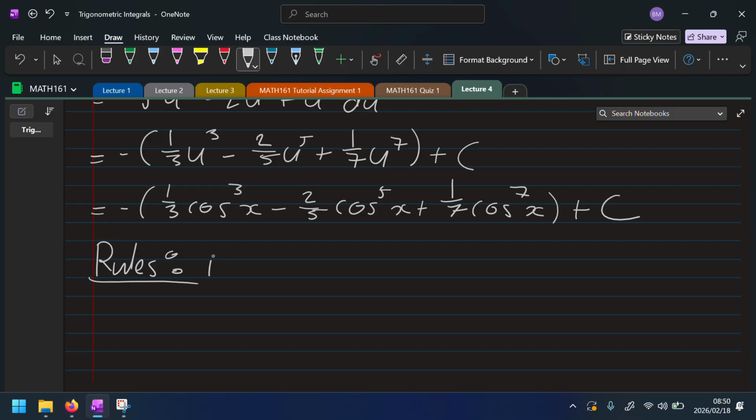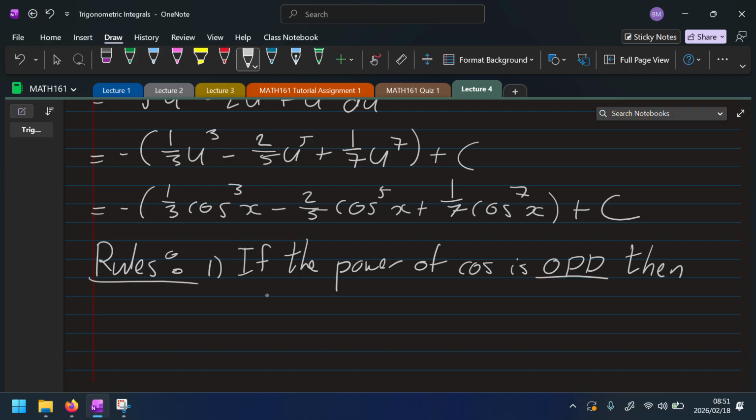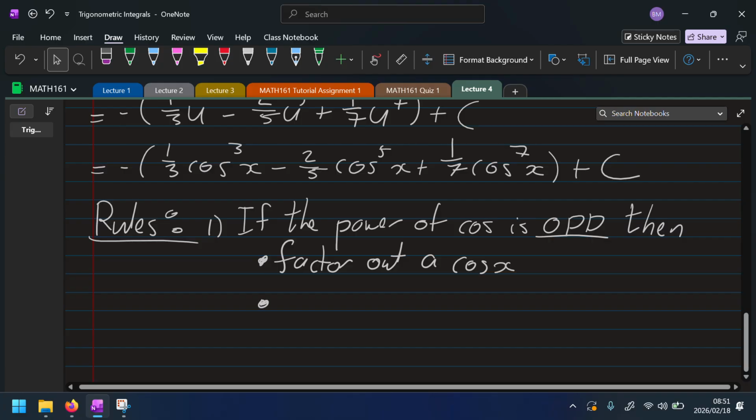So rule number 1, if the power of cosine is odd, okay, then there's a couple steps. Factor out a cos x. Then change the rest of your expression to sine.